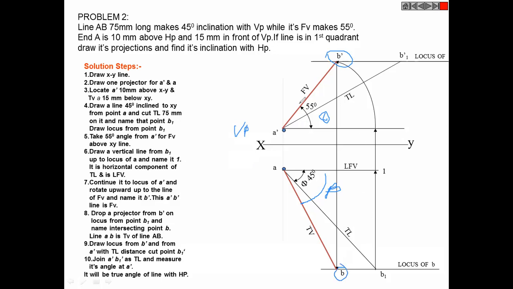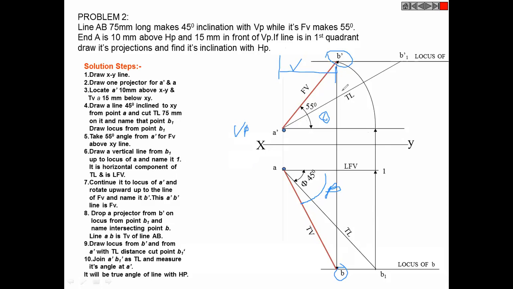So location of B is also known. Then what is balance? Distance between projectors. So this is it. This is also known. So our box is filled up. Anything balance in your box? Anyone? Answer me. Anyone?